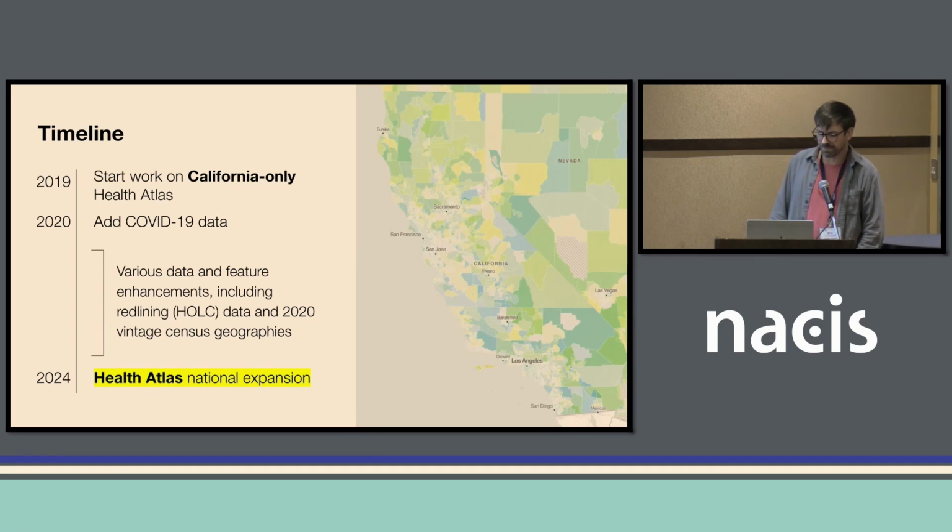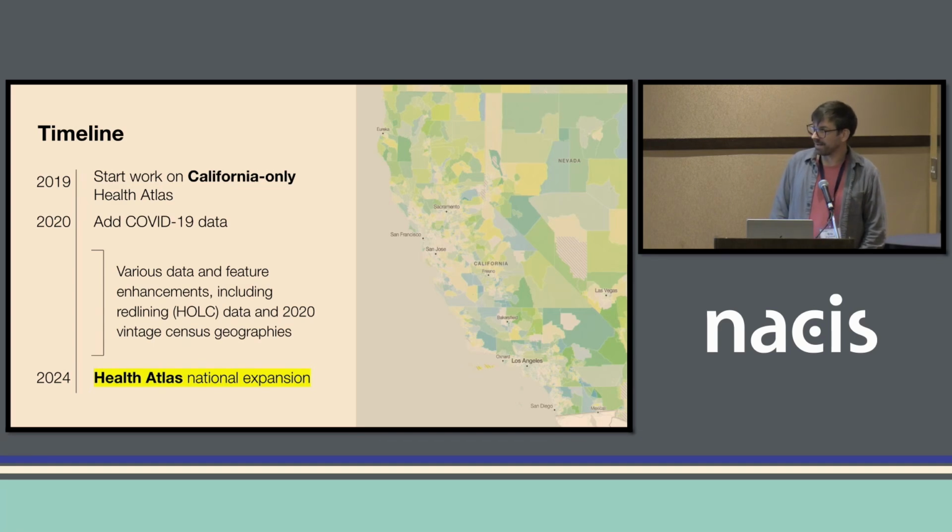And here's the timeline. So in 2019, we started work on this project, and it was originally only for California data. And that was middle to end of 2019. And then obviously COVID happened early 2020, and we were able to be responsive and add a bunch of COVID data to compare to all of the other variables that we were including.